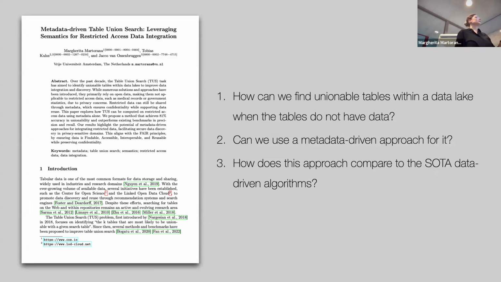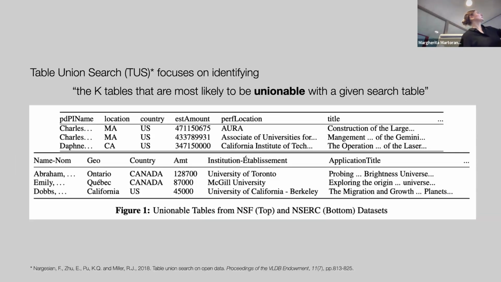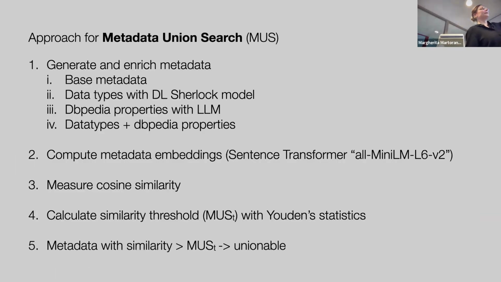So we couldn't even attempt this. And we basically split the benchmark. What the benchmark gives you is sets of pairs of tables that are unionable and that are not unionable. We took 20% of it. We ran our embeddings. We then calculated the cosine similarities between all of the different pairs of the split.